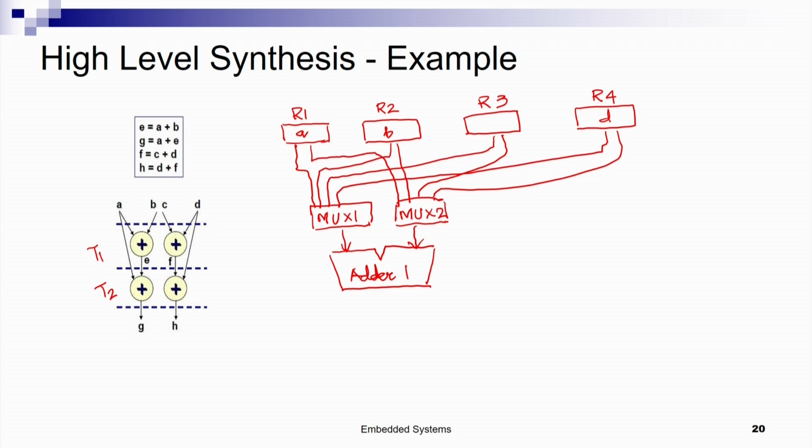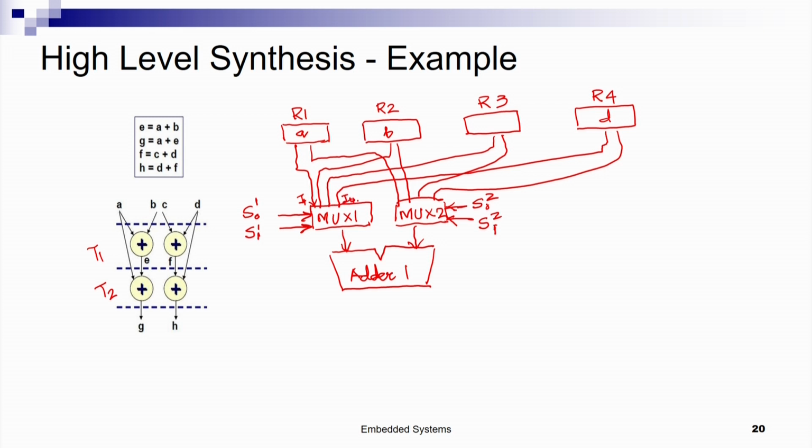Okay. Now, mux 1 is, let us say, controlled by two select inputs S01 and S11, and mux 2 is also controlled by two select inputs S02 and S12. Okay. Say that R1 is input I1 of mux 1 and this one is input I4 of mux 1.